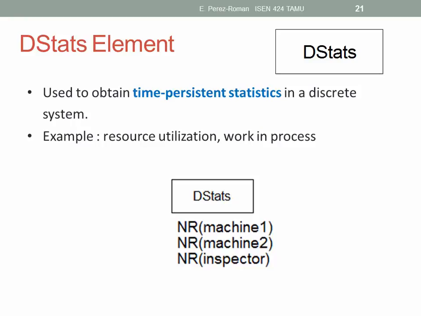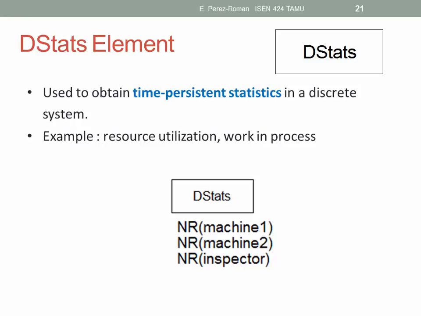TNOW is for getting the current time of simulation. DNEG is for the average across replications for time persistent statistics.